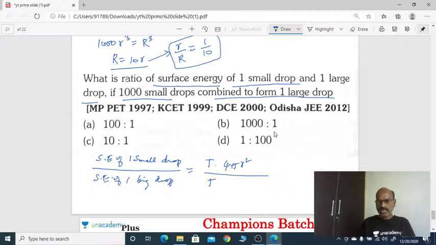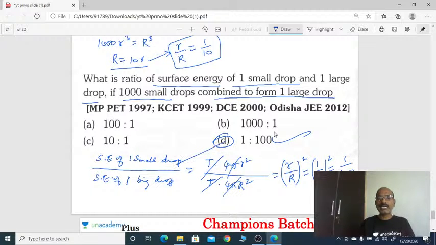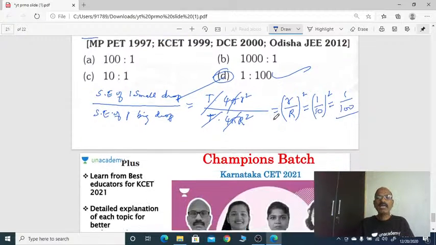Similarly the surface energy of one big drop is surface tension into 4 pi R square. Here T, 4 pi, everything cancels. You will get only r by R whole square. What is r by R? 1 by 10 whole square. So you will get 1 by 100. So 1 is to 100, the ratio of surface energy of one small drop to the surface energy of one bigger drop.